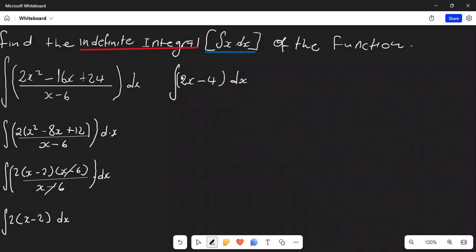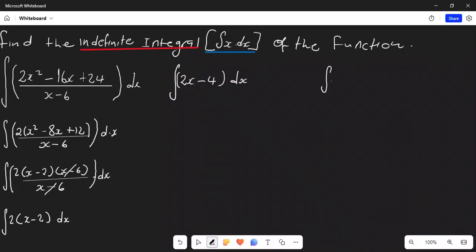Right, now remember, when we integrate, we have to use our standard integral formula, that is using the power rule. So this is the formula that I'm talking about. I'm going to write it here.